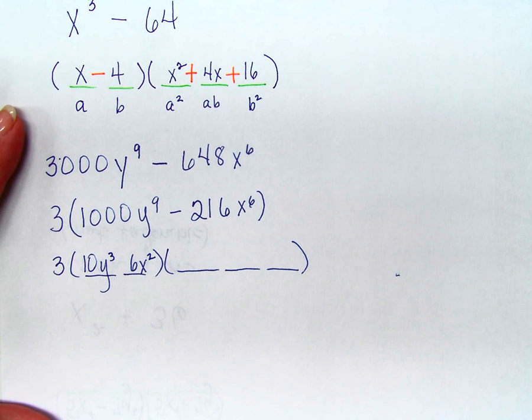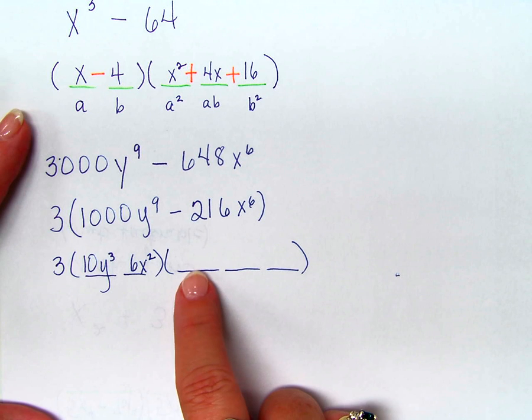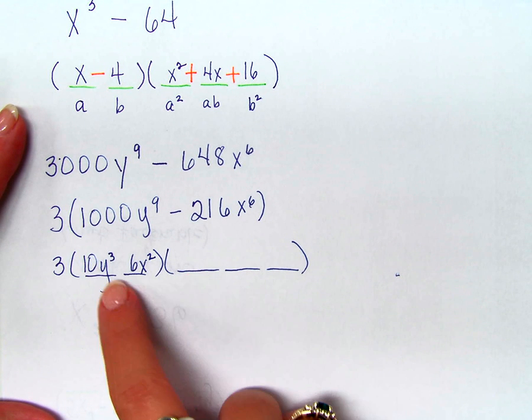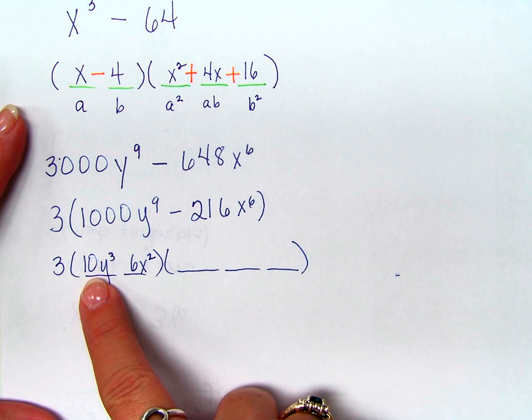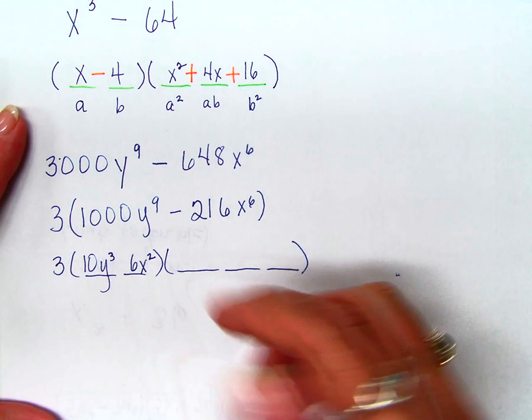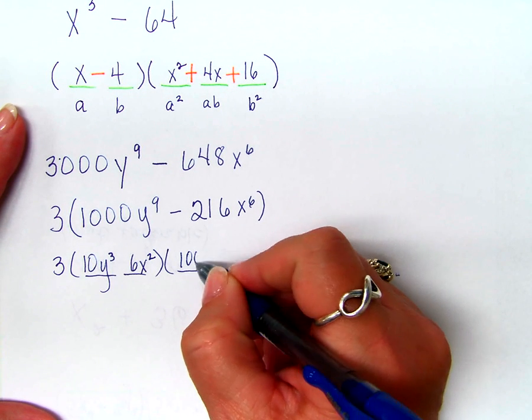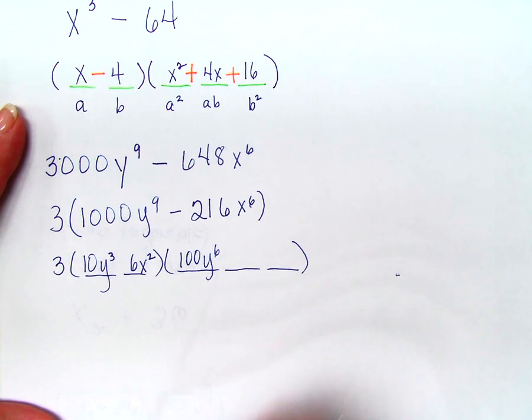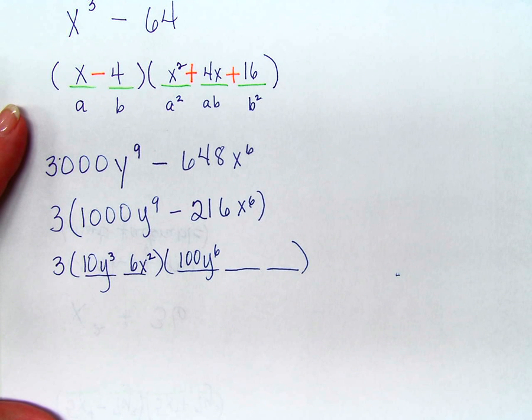Good. So remember the pattern. How do I get the first term here? I square this one. What's this one squared? 100 y to the 6th. Right? 10 times 10 is 100. Y to the 3rd times y to the 3rd is y to the 6th.